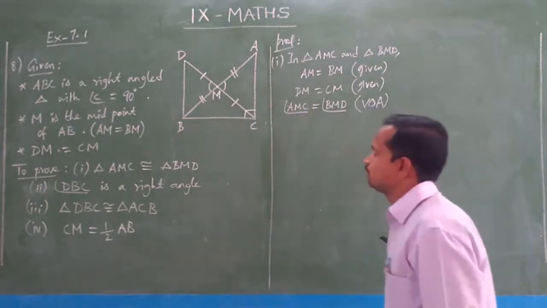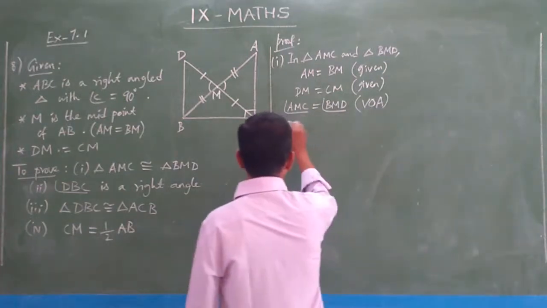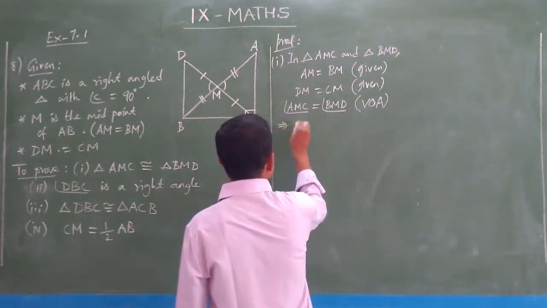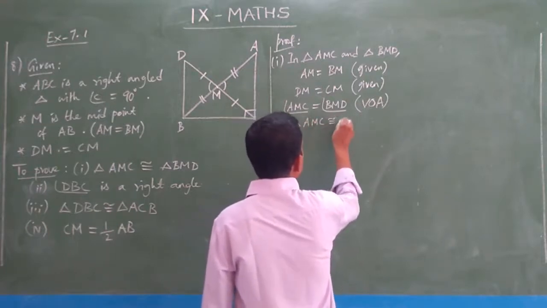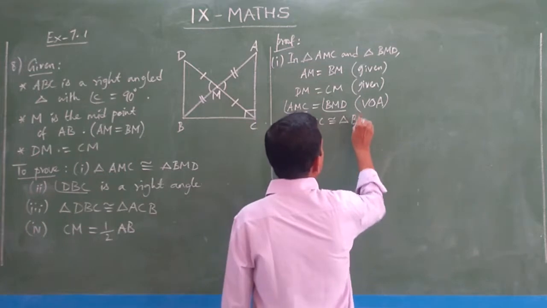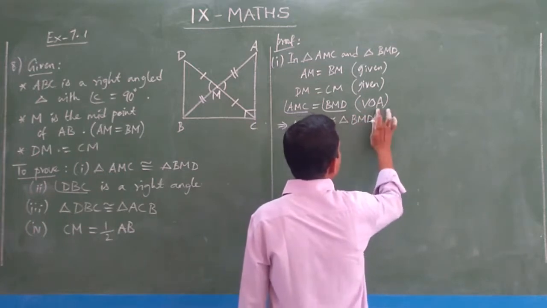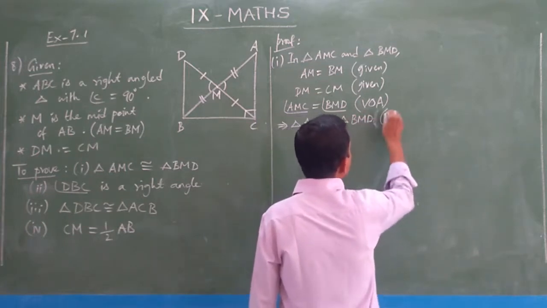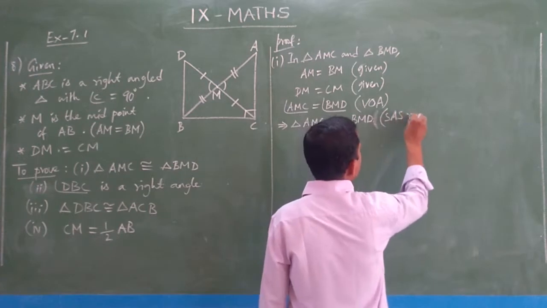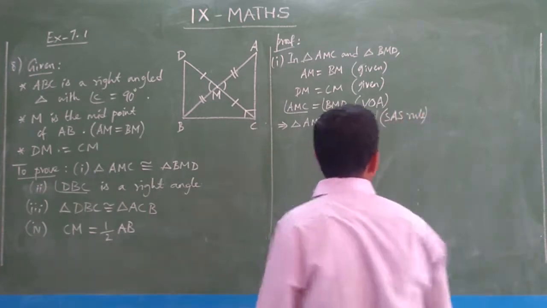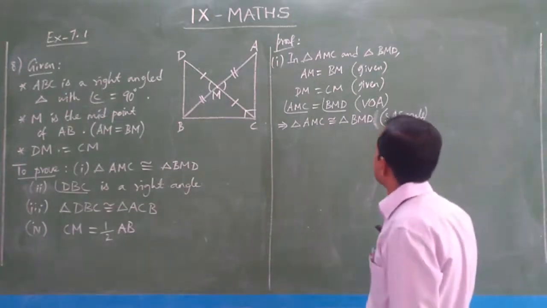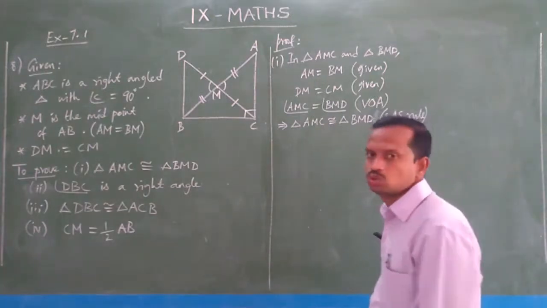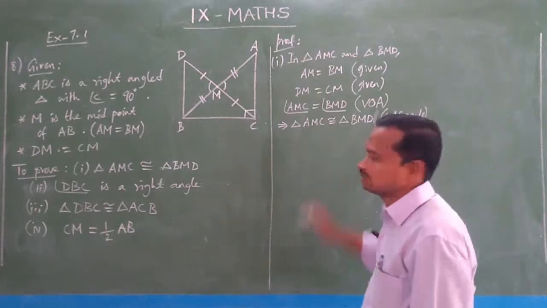So this implies triangle AMC is congruent to triangle BMD by the SAS rule. That means the angle is included between the two sides. So these two triangles are congruent.